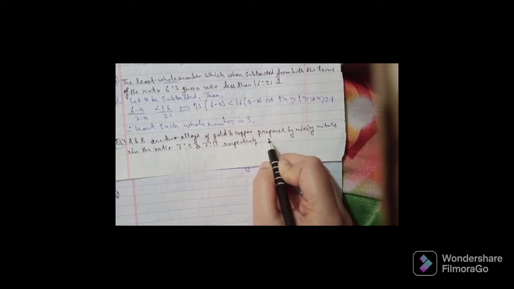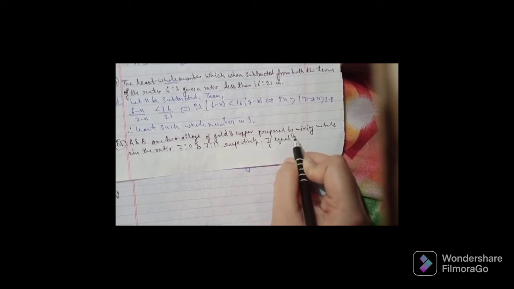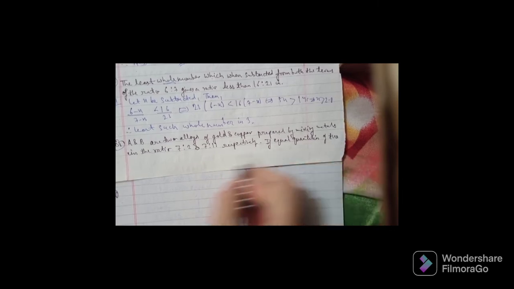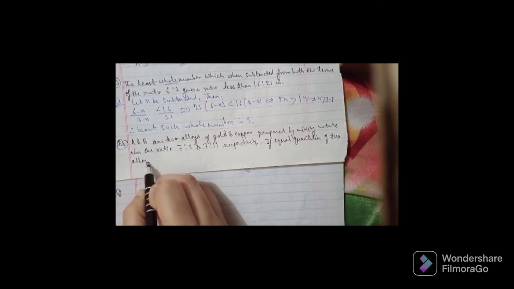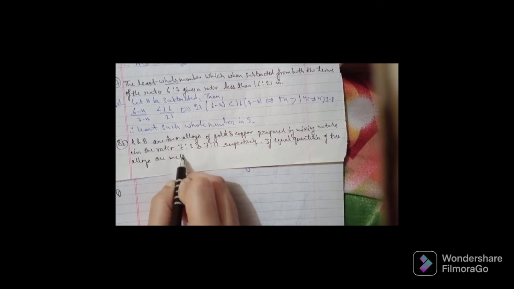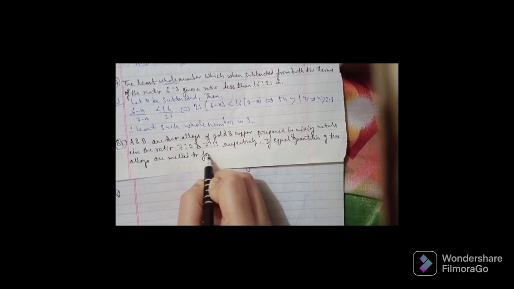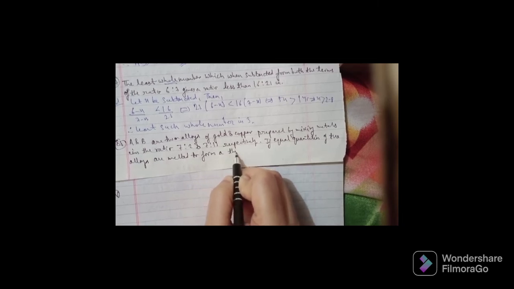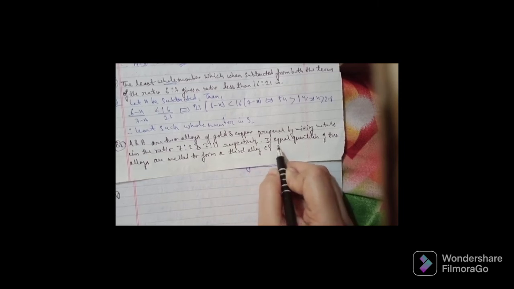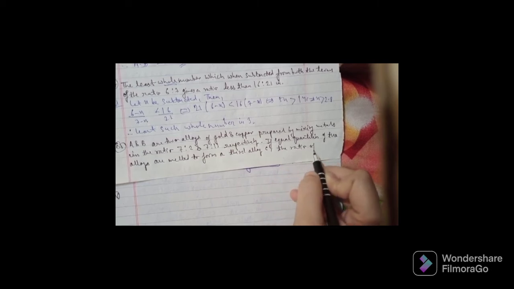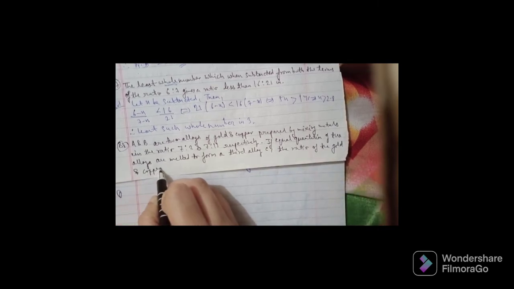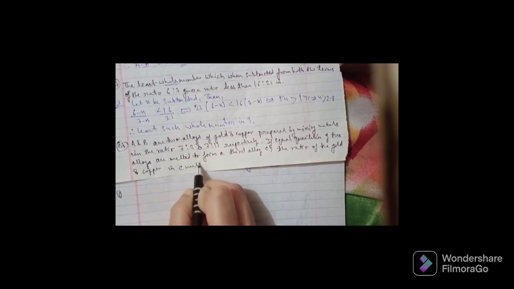If equal quantities of the alloys are melted to form a third alloy C, the ratio of the gold and copper in C will be.